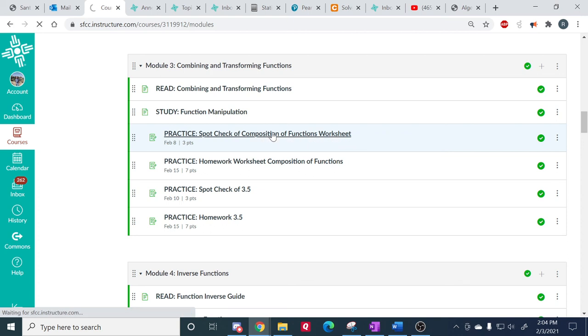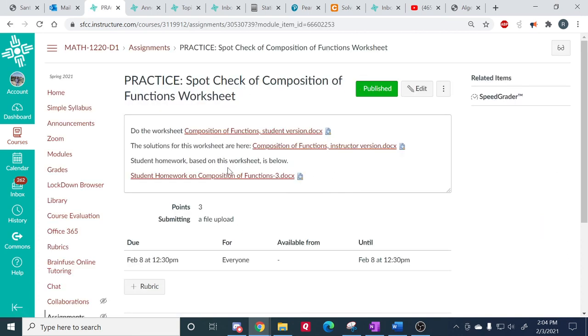If I go into here, do the composition of functions student version. And then it has the instructor version. So everything that we were doing today in class was this worksheet, and then all the answers are here with the worksheet as well.